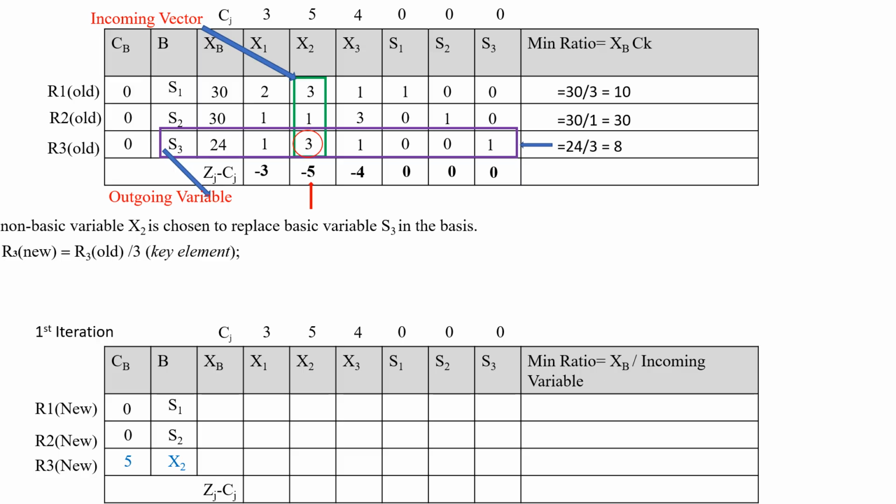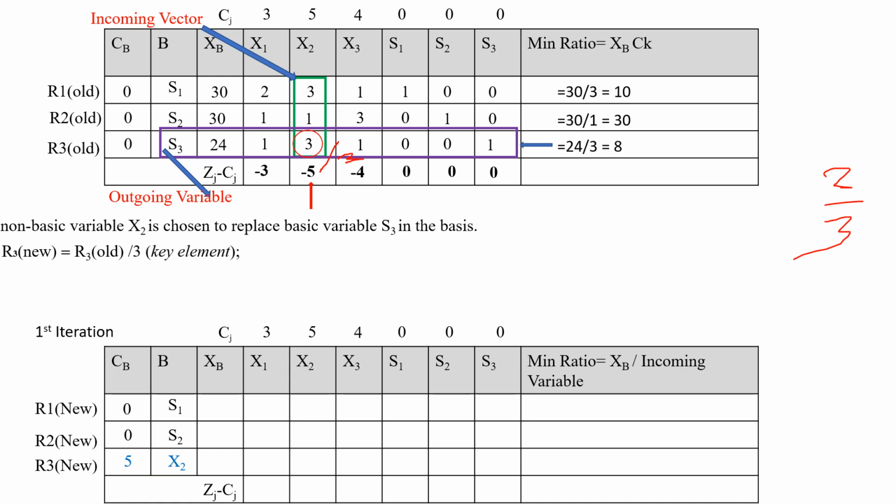R3 new equal to R3 old divided by the key element. Here the key element is 3, so it becomes 1, since 3 by 3 is 1. So the first row operation is R3 new equals R3 old divided by 3, because 3 is the key element.